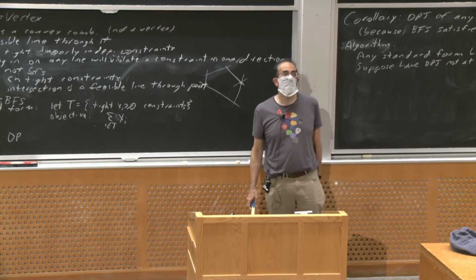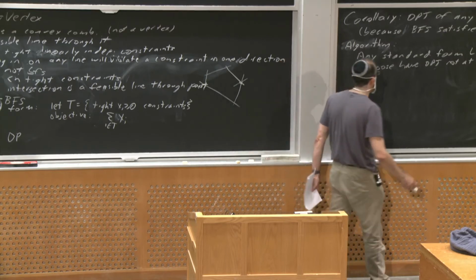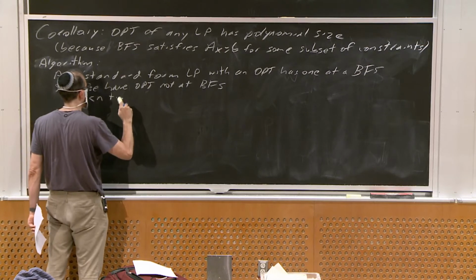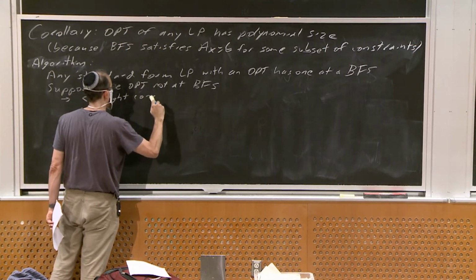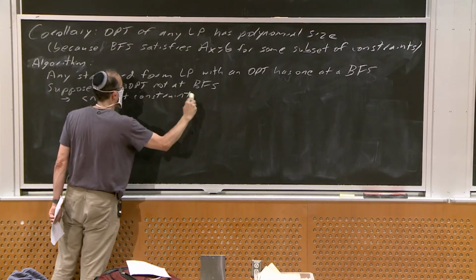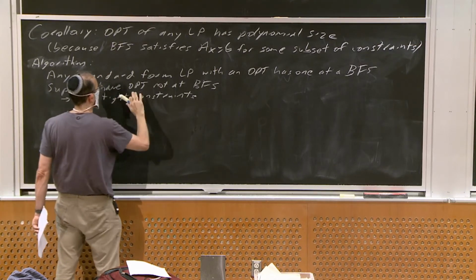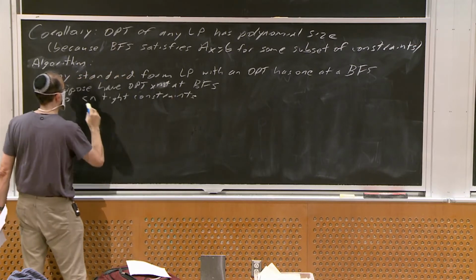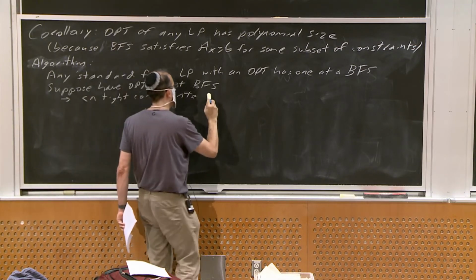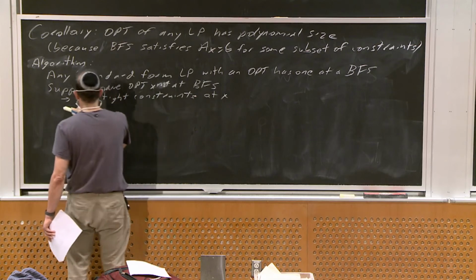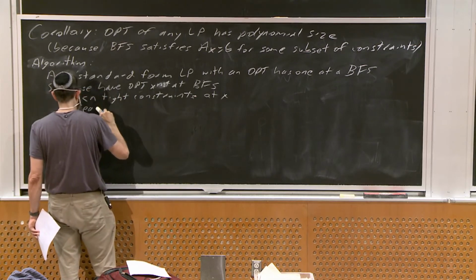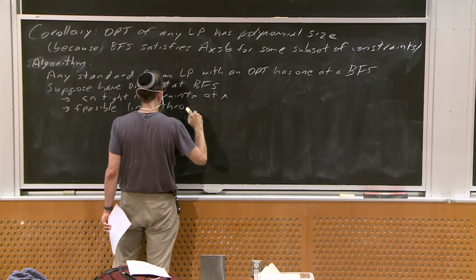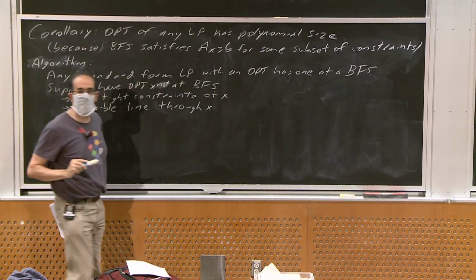So you can move along some line in both directions. Right. If I'm not at a BFS, that implies that there are fewer than n tight constraints. Let's call this optimum x that is not at a BFS. So that means that there are fewer than n tight constraints at x, and that means that there is a feasible line through x.